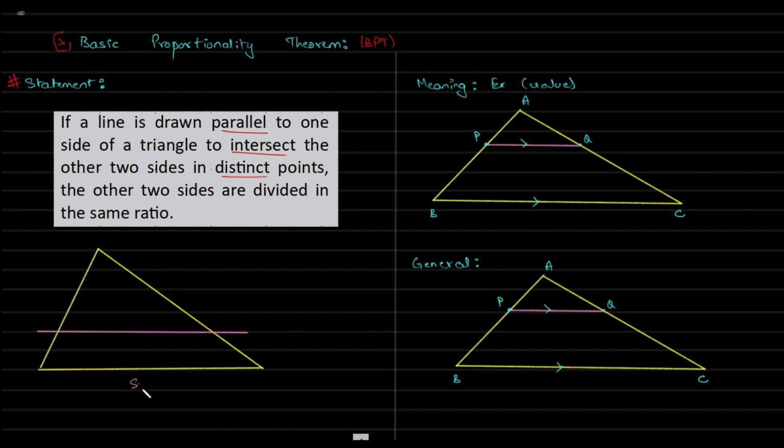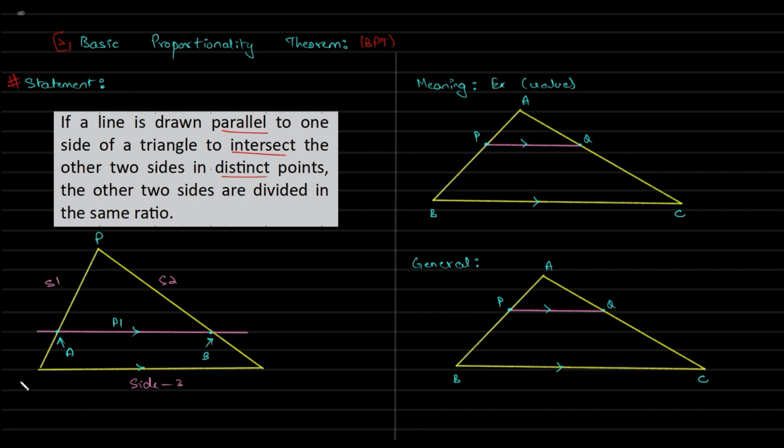Let me call this side 3, this is side 1 and this is side 2. The line is drawn parallel to the third side, intersecting the other two sides, side 1 and side 2, in distinct points. Yes, it meets at distinct points A and B.